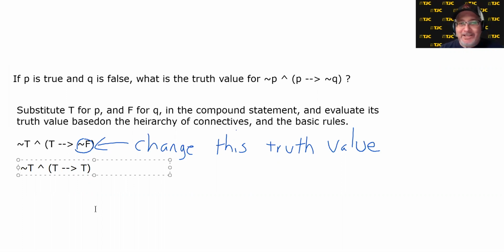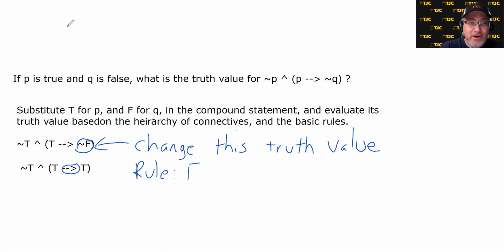So at this point, where are we in the hierarchy? Well, we still have a parenthesis, so we go inside of there, and the only connective in there is a conditional. And what is the rule for conditional? The rule for conditional is it's false only when T points to F. Do we have T pointing to F?